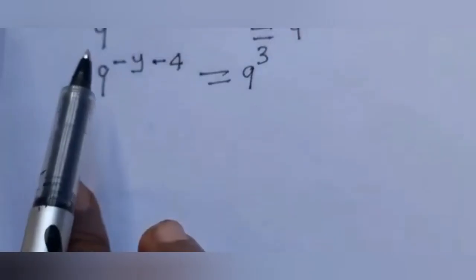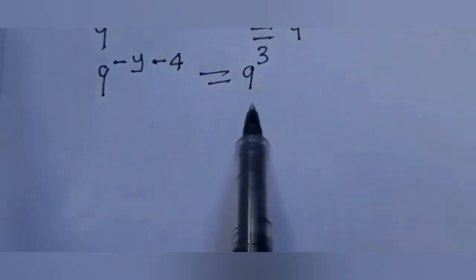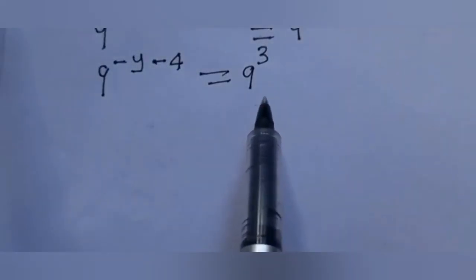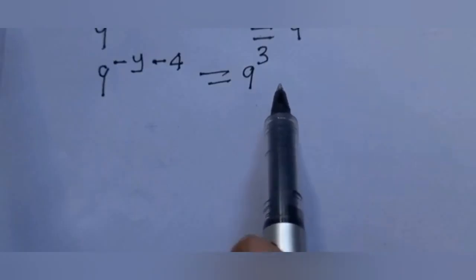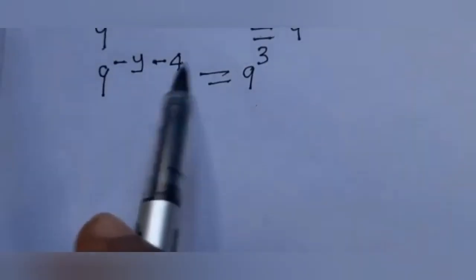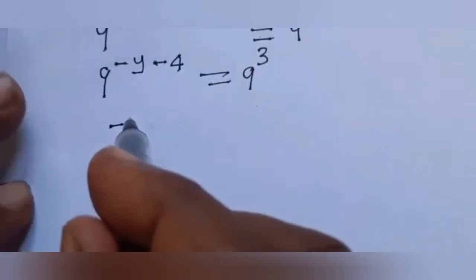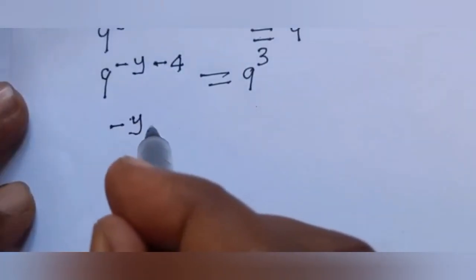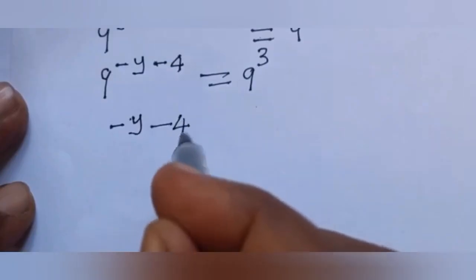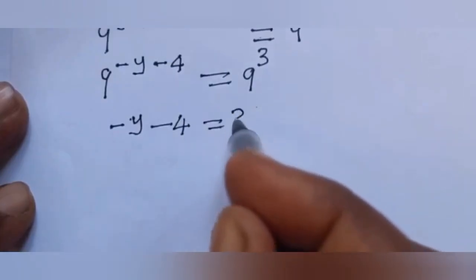Since the base of the left hand side equals the base of the right hand side, now we can equate the exponents. So we have negative y minus 4 equals 3.